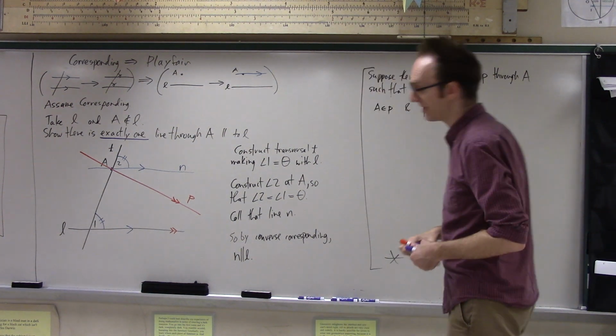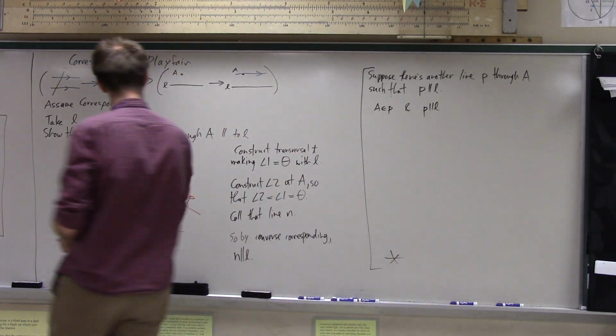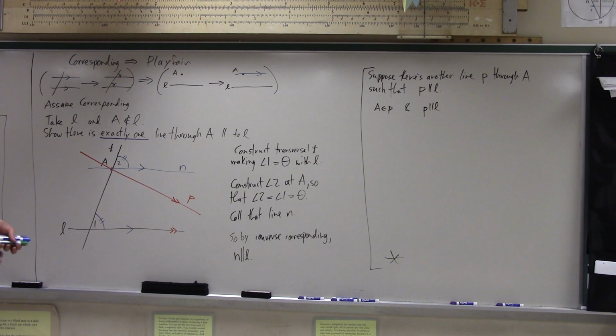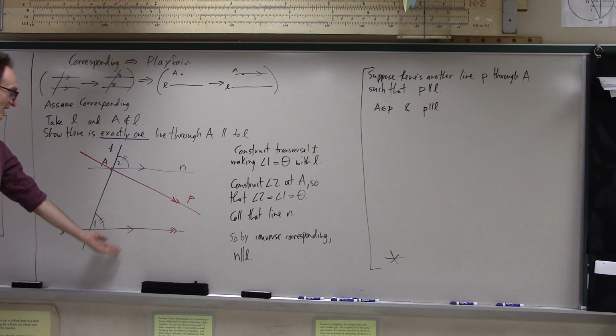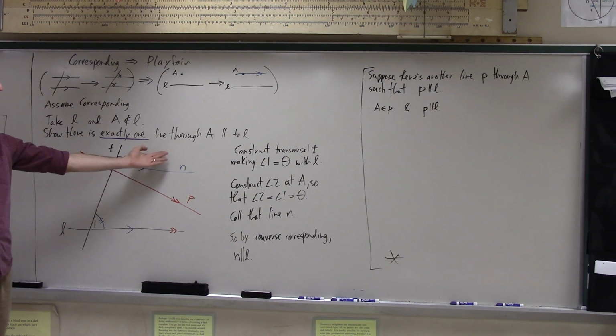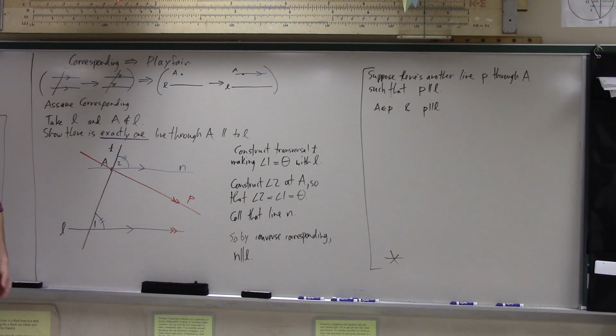And here's a point where you might get stuck in a kind of confusion, because it is apparent here that, well, N and P both go through A, N is parallel to L, P is parallel to L. Aren't we just done? Because the goal is to reach a contradiction, and if N and L are parallel, and P and L are parallel, then N should be parallel to P by the transitivity of parallelism.